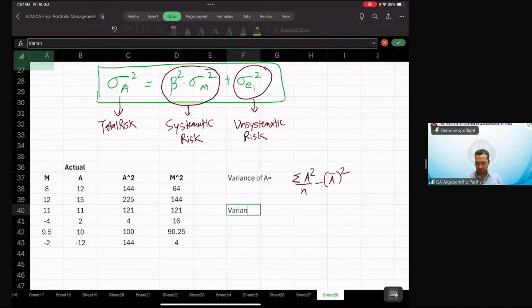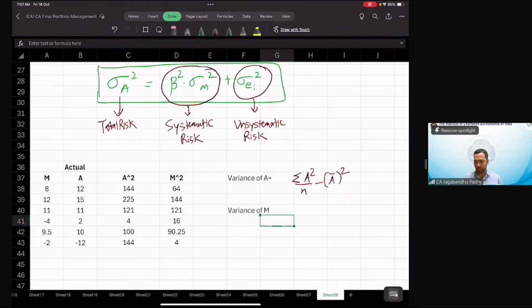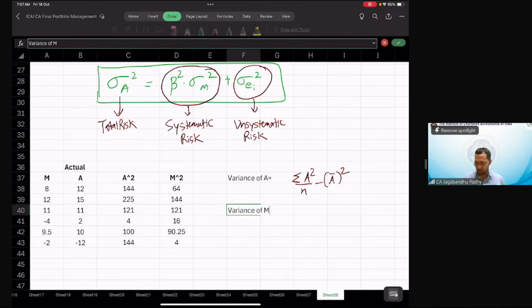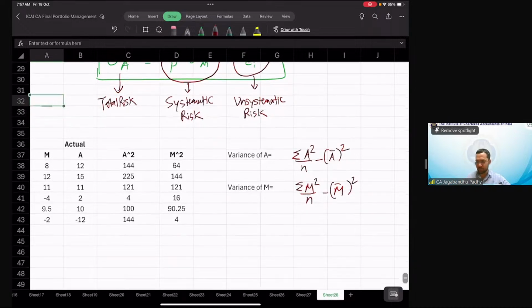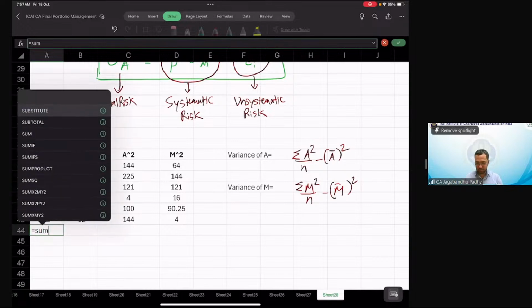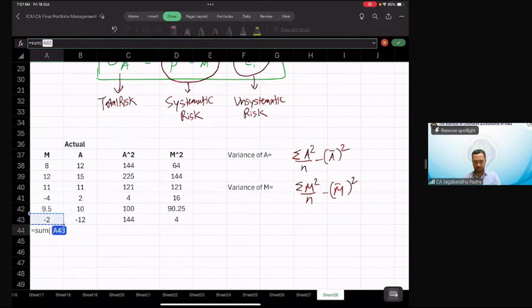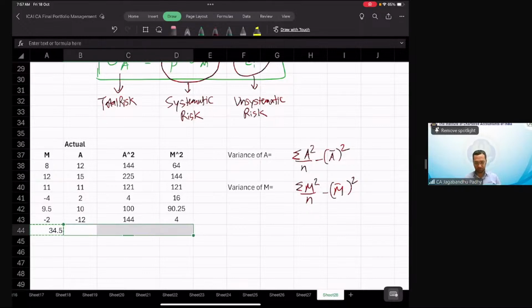In the same way, I want to compute the variance of market. The variance of market will be computed on the same lines, which will be summation of m square upon n minus m bar square. Let's take this particular summation because we have already solved this.